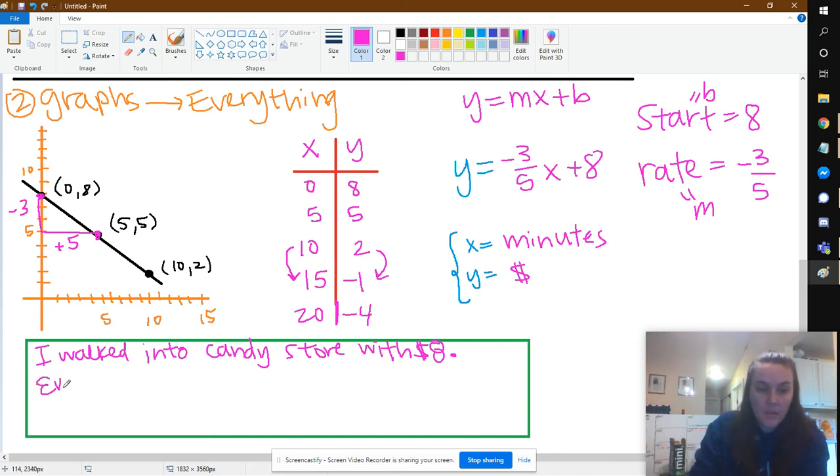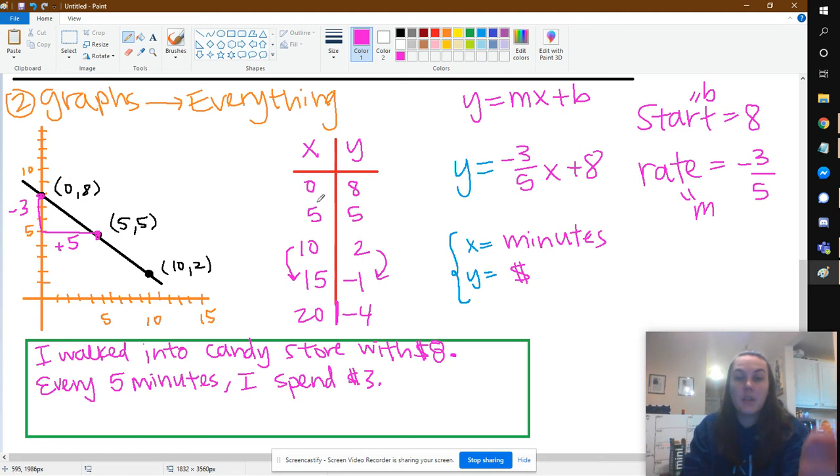And then every 5 minutes I spend $3. So basically, once I've spent 5 minutes in this candy store, I've now spent $3, so I only have $5. And when I spend 5 more minutes, I lose $3 more. And then negative money is when you're borrowing money from people to pay for your candy habit.